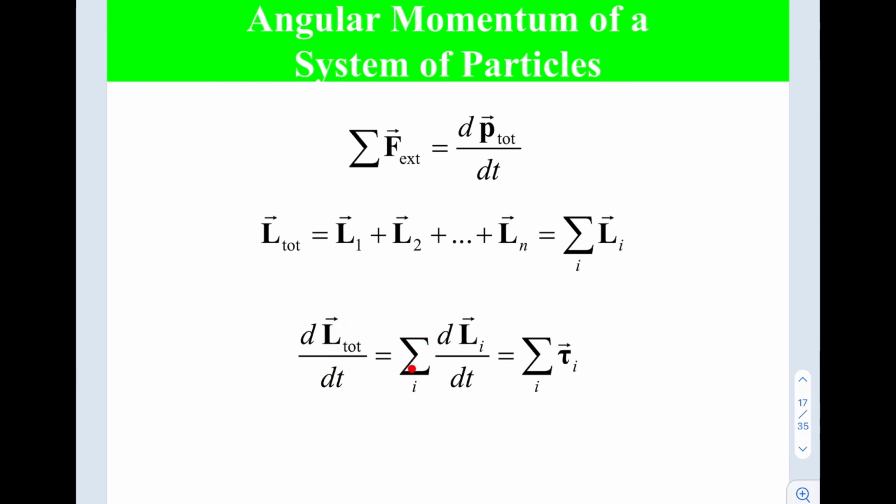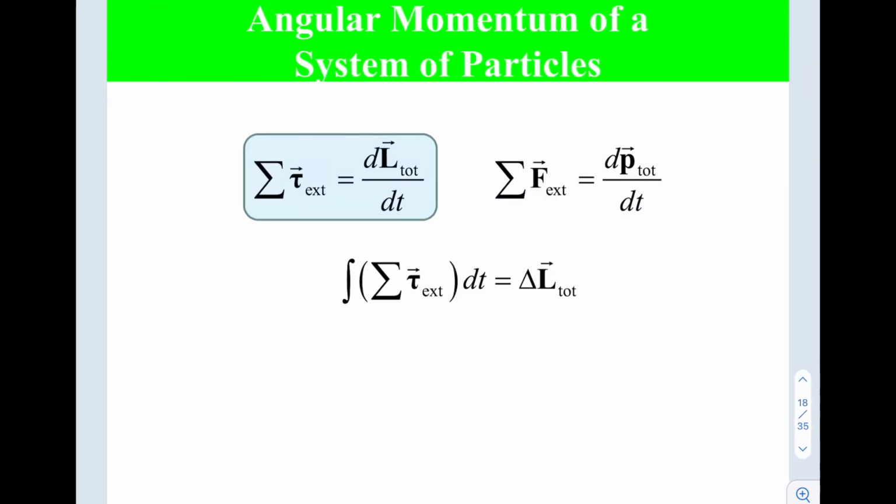So to have dL total over dt, it's equivalent to the sum of dLi over dt for i items, which is equivalent to the sum of torque for all items or objects within our system. Now, angular momentum of a system of particles.